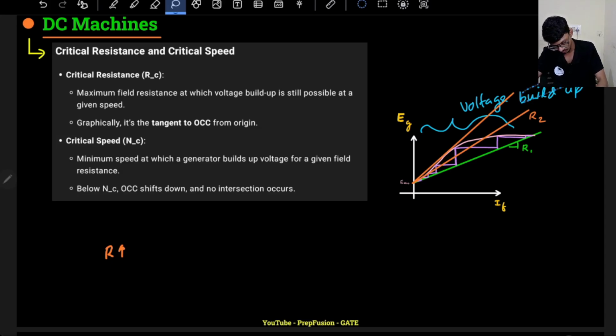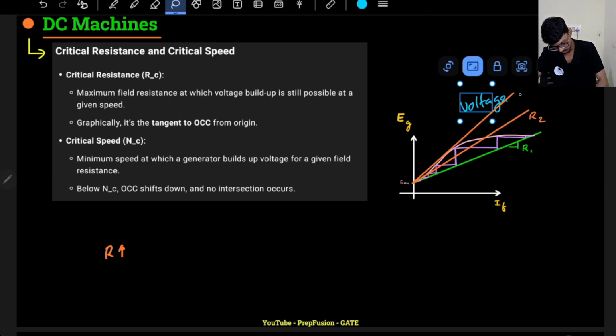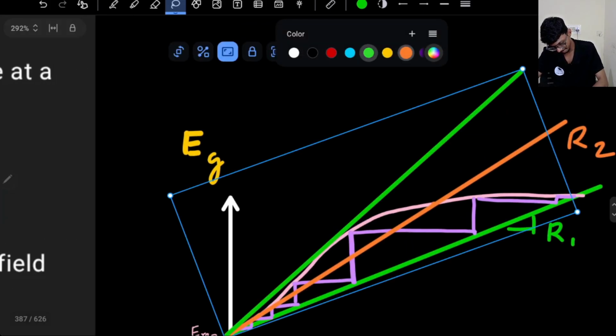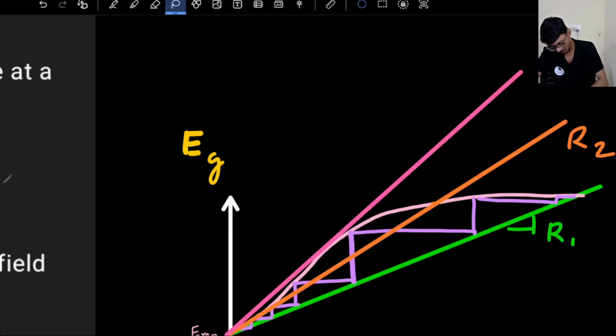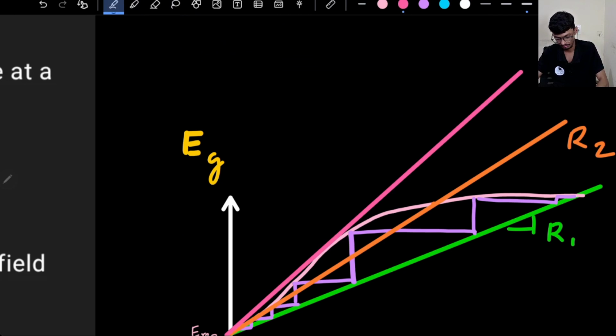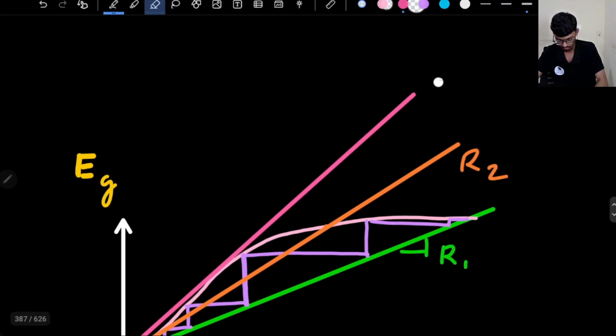So let me delete this voltage buildup, this is just distracting. This is R3.